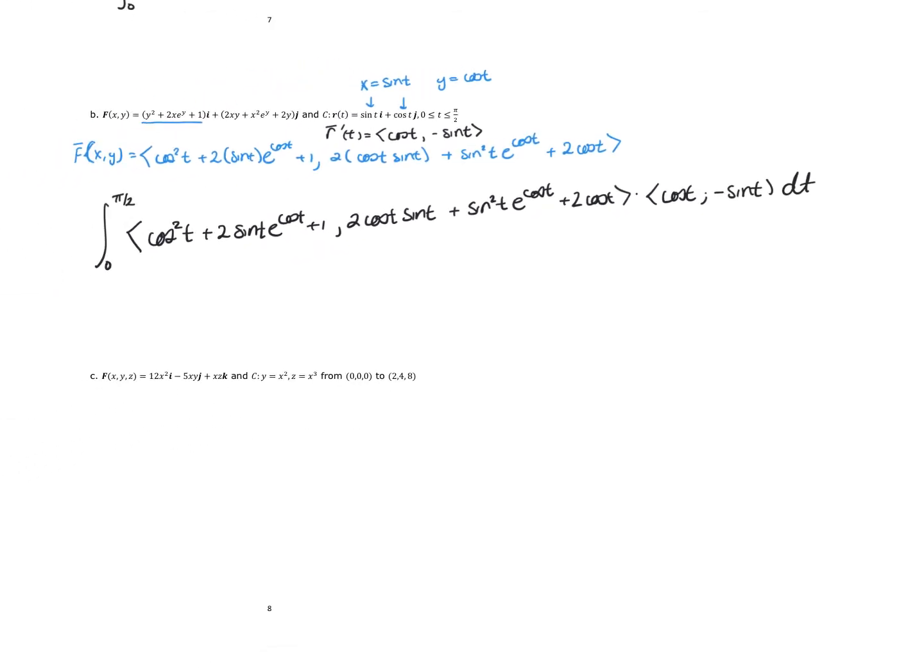Lot of math going on. So the first entire component is going to be multiplied by the cosine of t, and the second entire component is going to be multiplied by the negative sine of t.